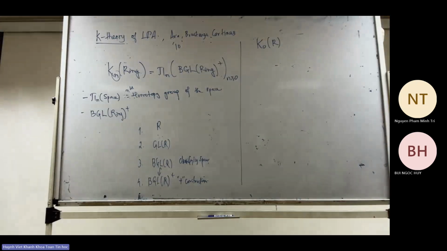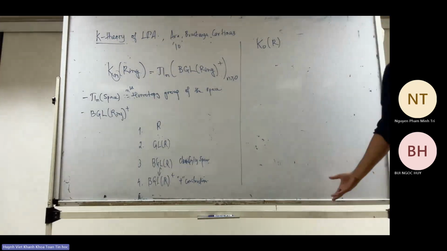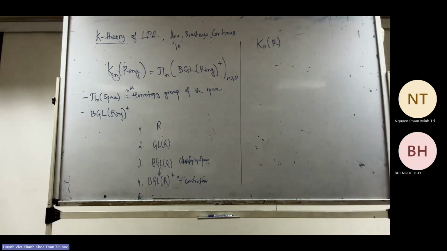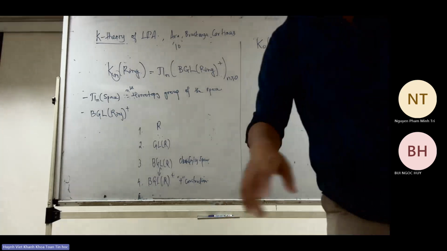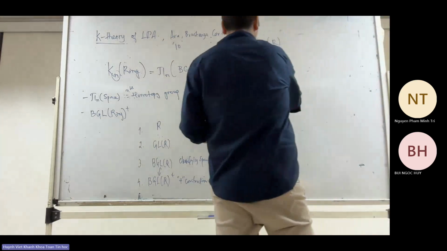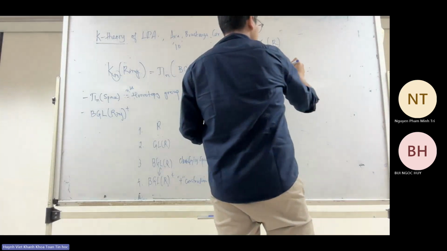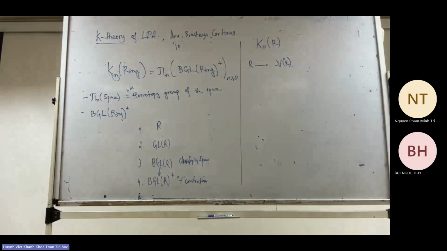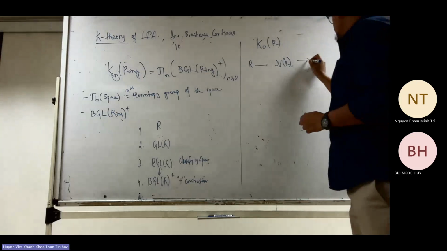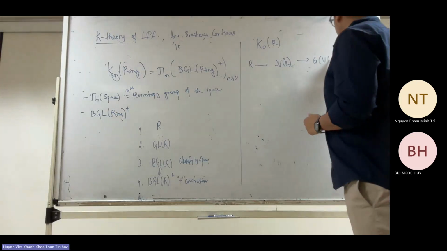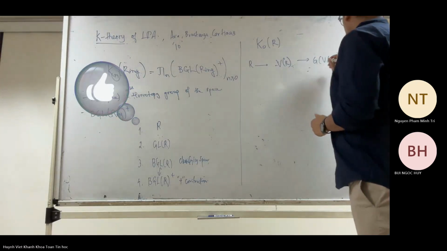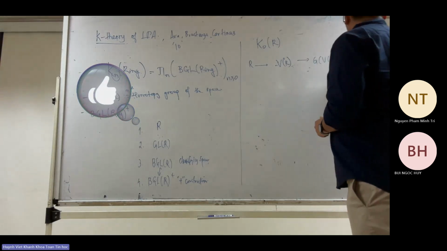Now, if you remember a portion of Arlene's last part of the talk, she said that given a ring R, you collect the monoid of finitely generated projective modules over that ring R. And then you take its group completion. And this group completion is nothing but your K0 of the ring.